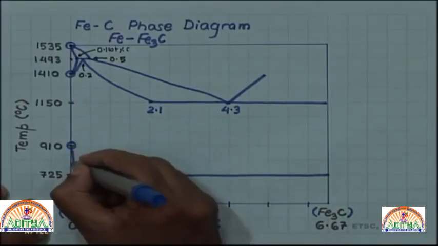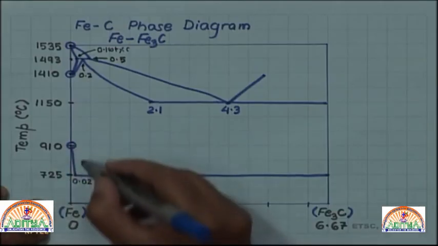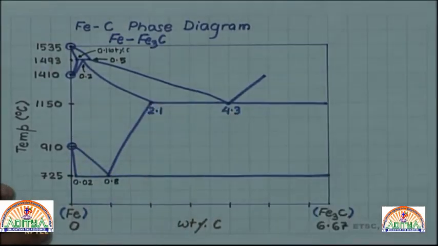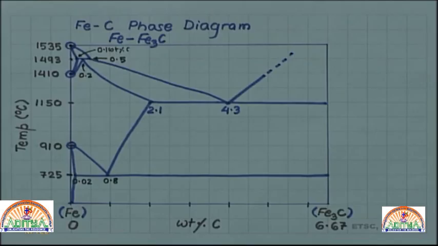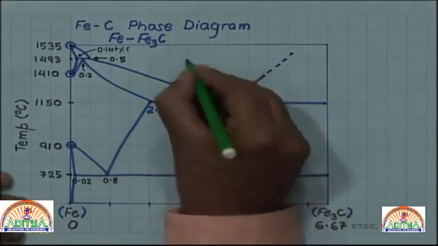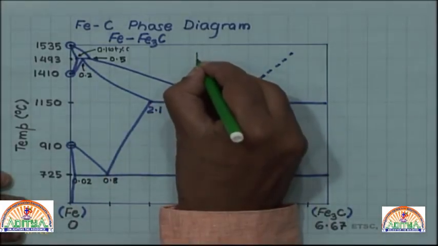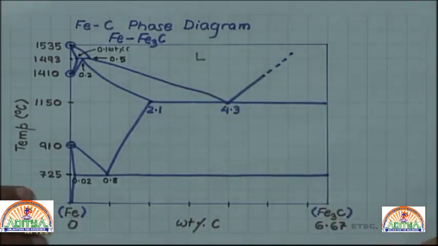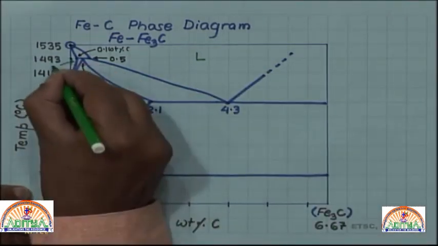Understood? So now let's write down the phases. This large temperature region is a liquid region, and this small triangle is delta, so we can name it delta ferrite.